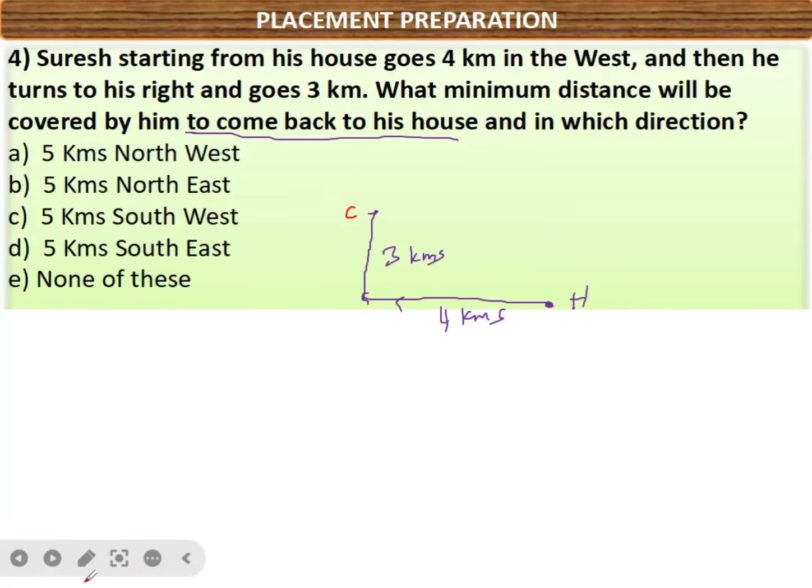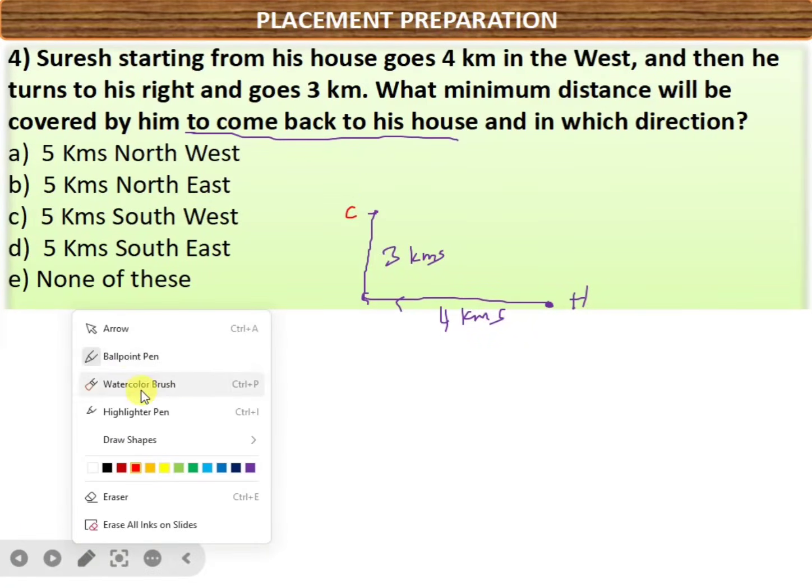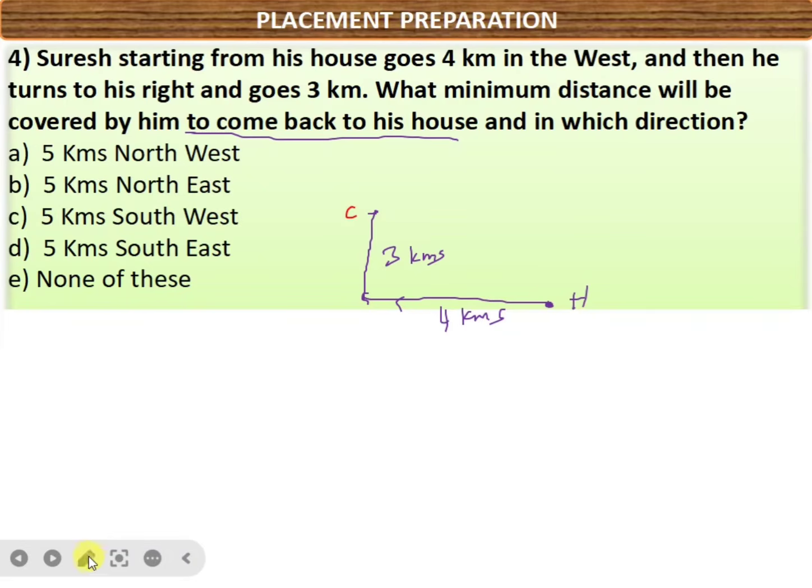Let me call that current position C. He needs to come from C to H. If he needs to come from C to H, he has multiple options. He can come like this straight, or he can take the right and come here, or he can follow the same path which he came, or he can come like this, like this.